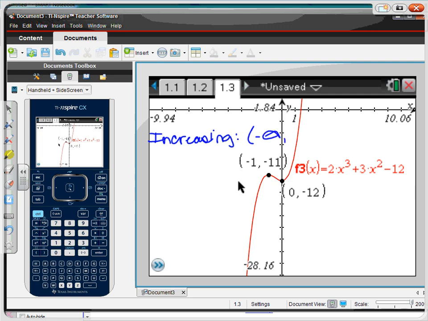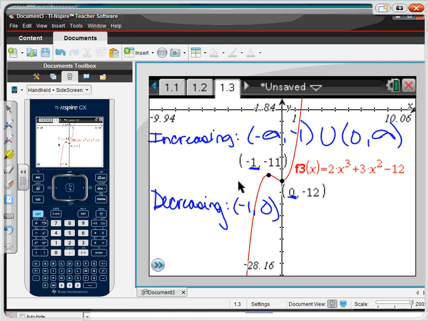To -1. And then I am decreasing from what? At -1 to where? To 0. And then what happens at 0? Increasing. Then I'm starting to increase from 0 to infinity.